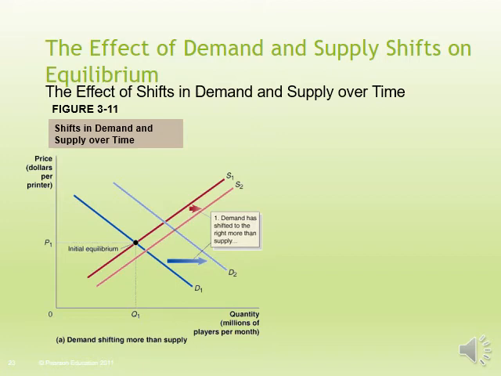So let's say demand increases because people are working at home all around the world because of this pandemic, everyone goes out and buys printers because they can't just do their printing at work. So there's a big increase in demand. There is also an increase in supply.